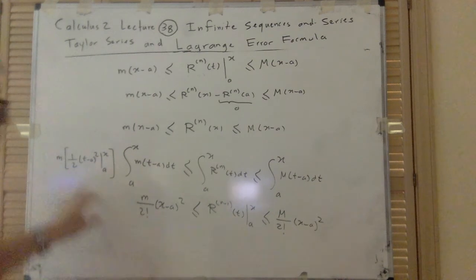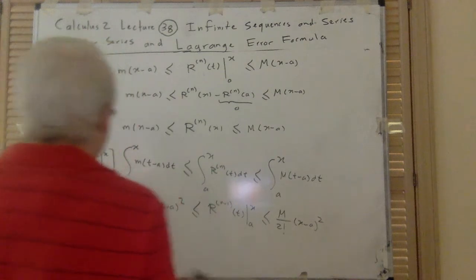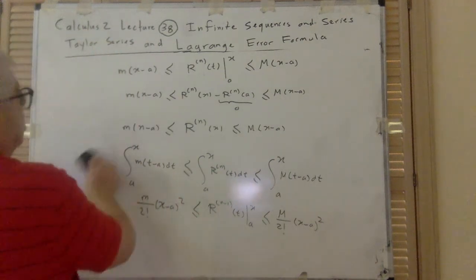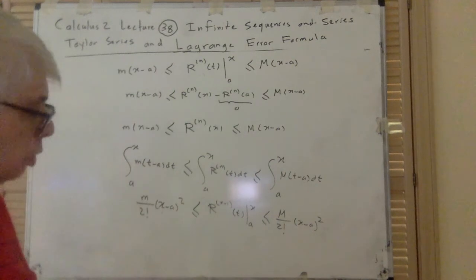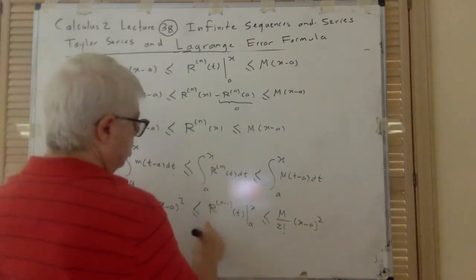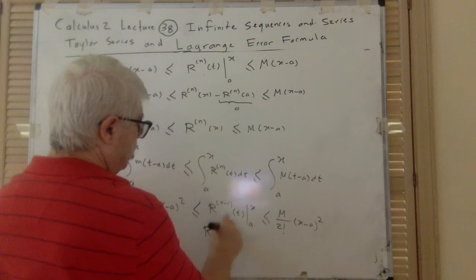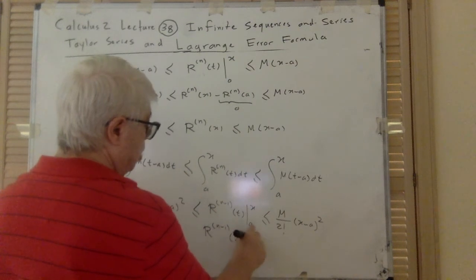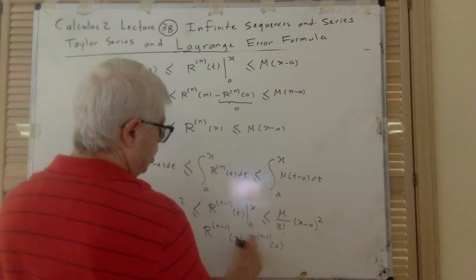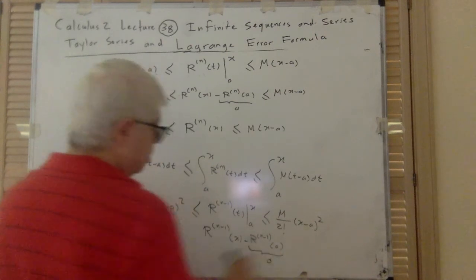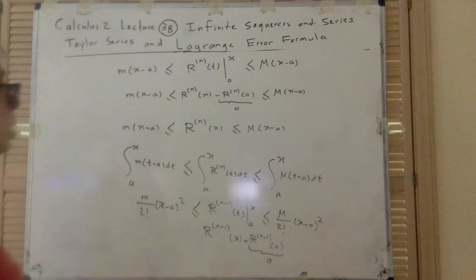So let's continue, let's integrate one more time, or maybe 2 more times, and you will see what happens with the trend. So what happens in the middle? The middle one is r n minus 1 x minus r n minus 1 a. And this is 0.